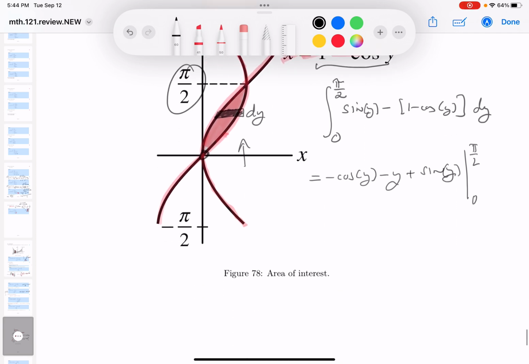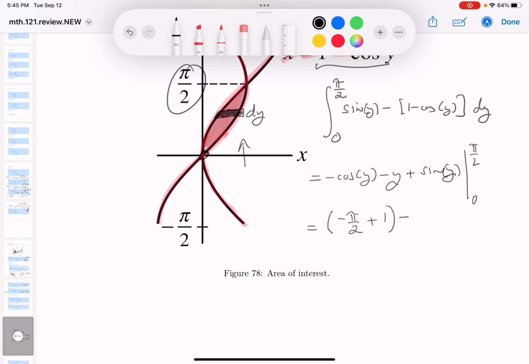All right, let's take a look. What do you get? The upper limit, pi over 2, when I plug it in: cosine of pi over 2 is just 0, and the opposite of 0 is just 0. Then I get minus pi over 2. Don't be alarmed. Then you get the sine of y. If y is pi over 2, that's just 1.